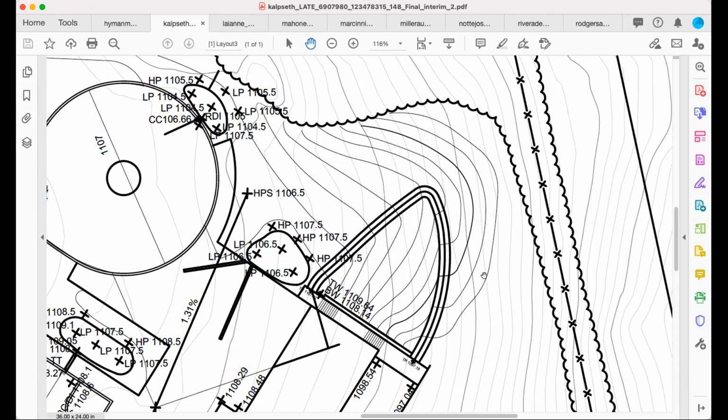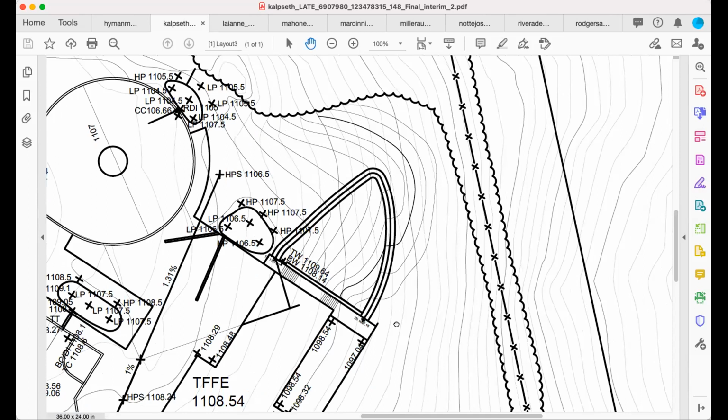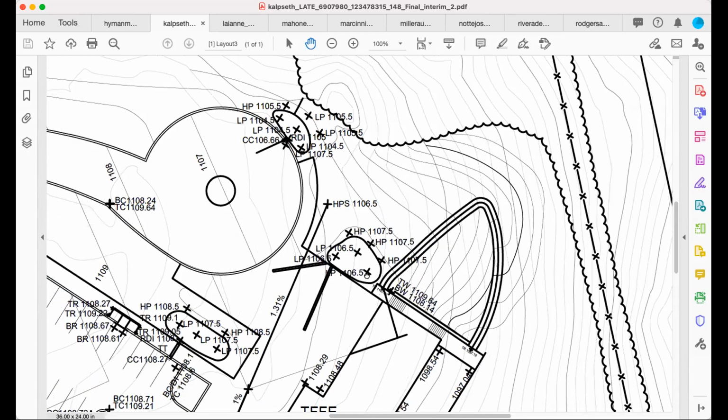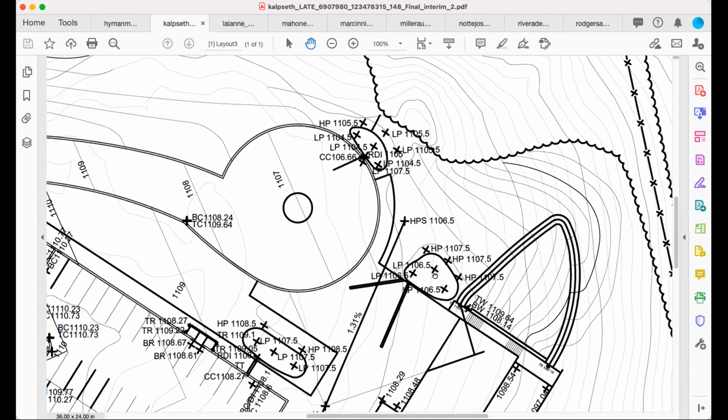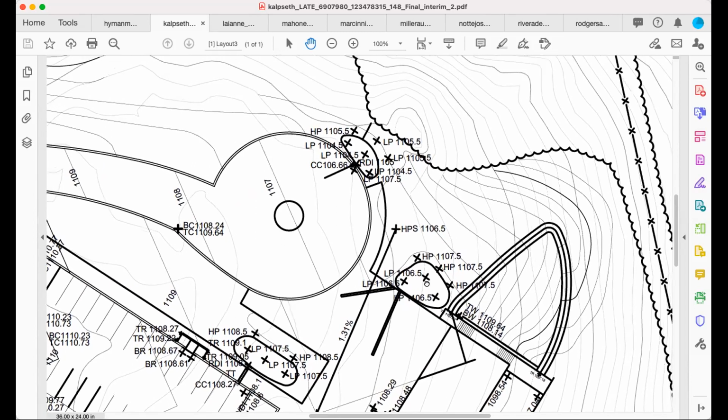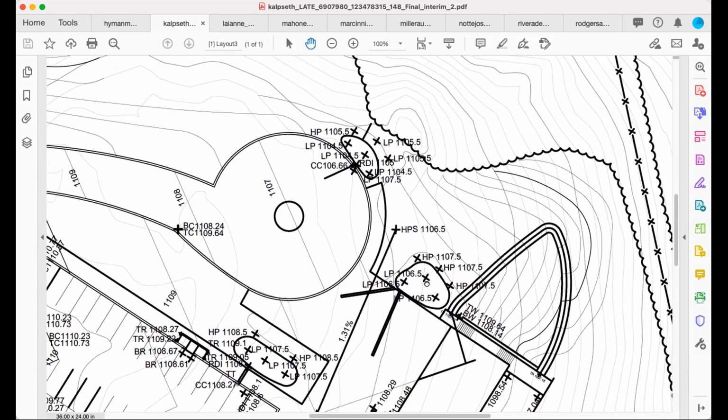So we have 107, then the line weight here needs some work so that the contours instead of the pavement would stand out. So you have 107 there.